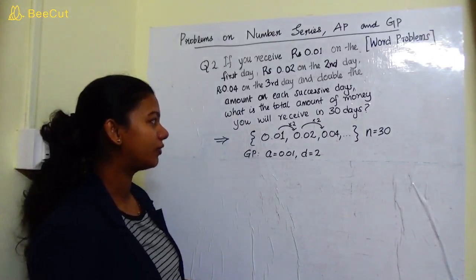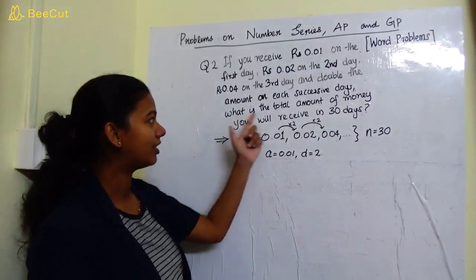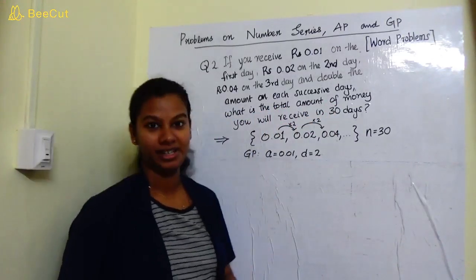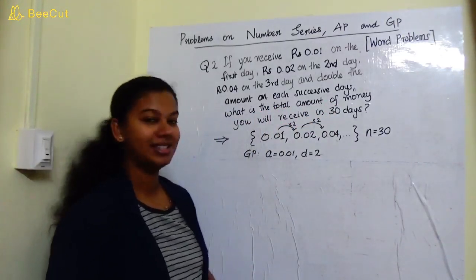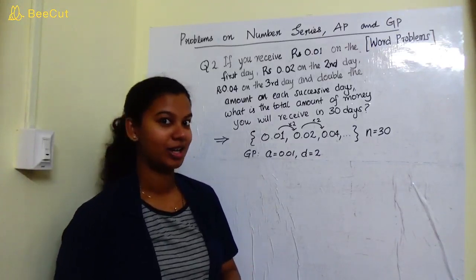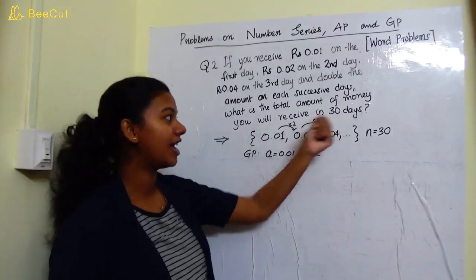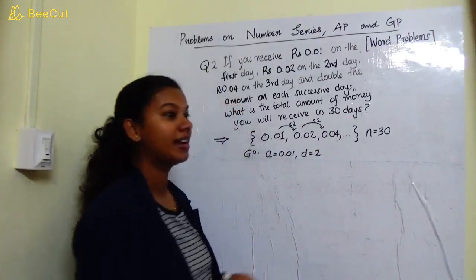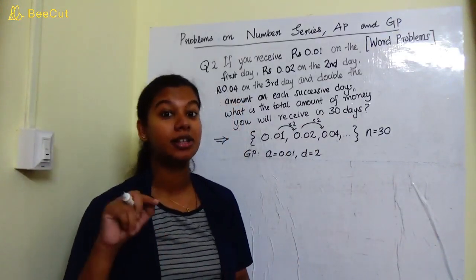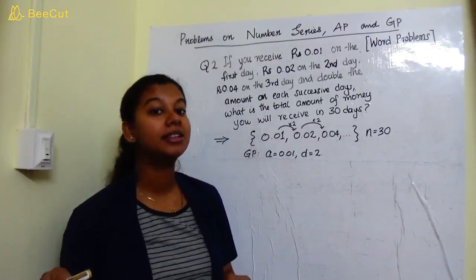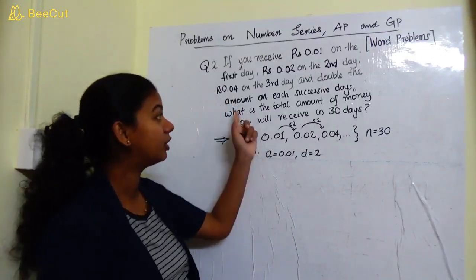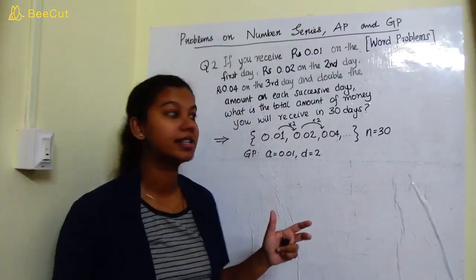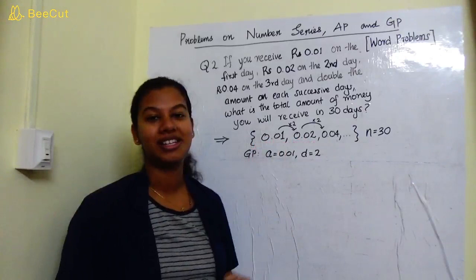So what we have to find out? What is the total amount of money you will receive in 30 days? Is it An? No. An, if they are asking for the value An, will be the amount you get on the 30th day. That is the nth day. But they are asking the total amount that you will receive in all the 30 days. That is adding all these numbers.